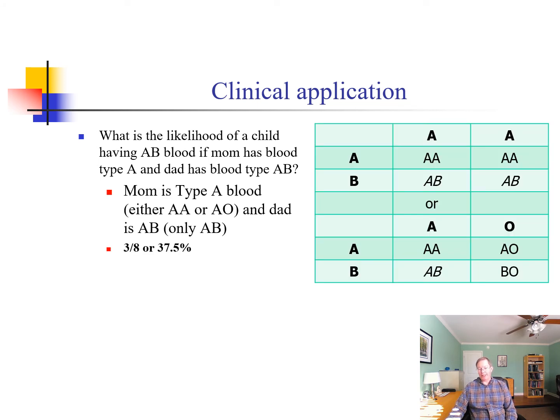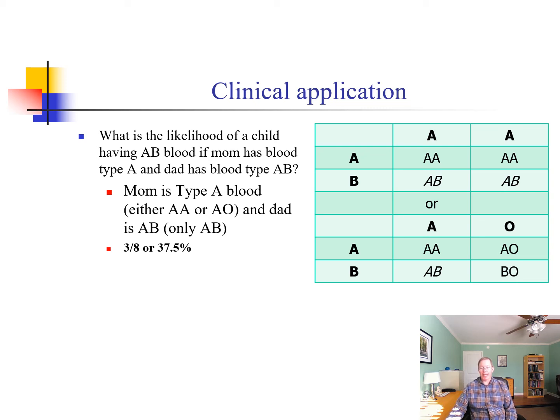So I hope that you recognize that since mom is blood type A, that means that she could either be AA or AO, and dad being AB can only be AB. So if I look at the Punnett squares for that, if mom is AA, dad is AB, I have these possibilities where 2 of the 4 combinations would be blood type AB.